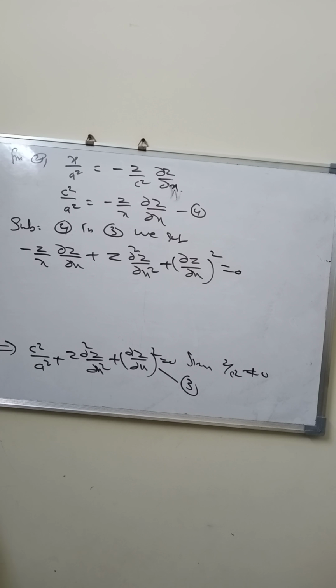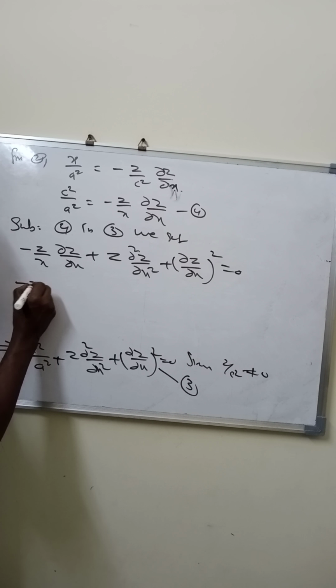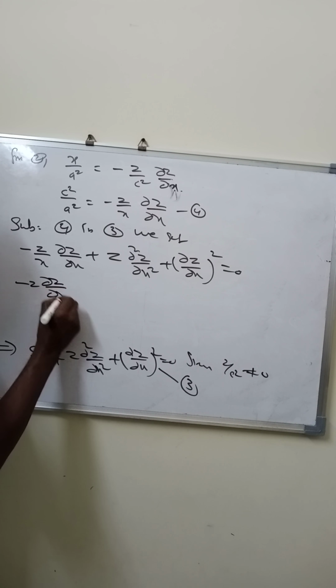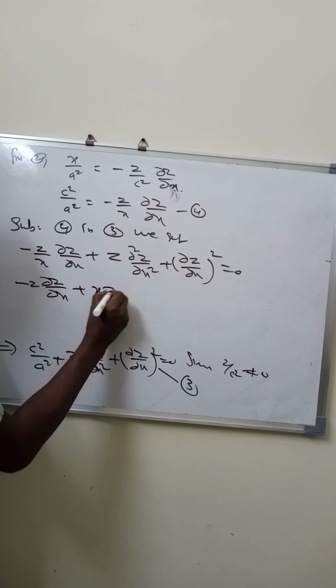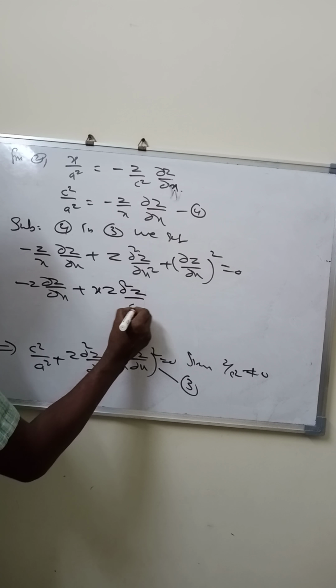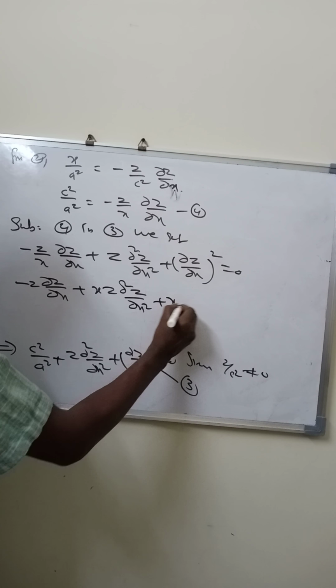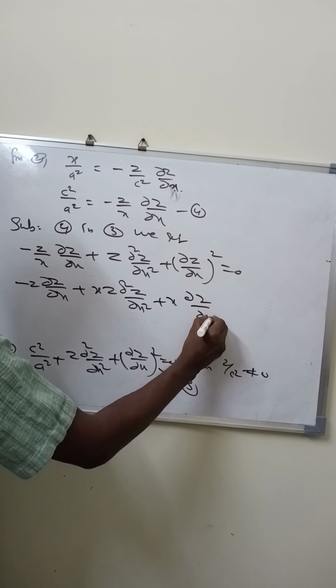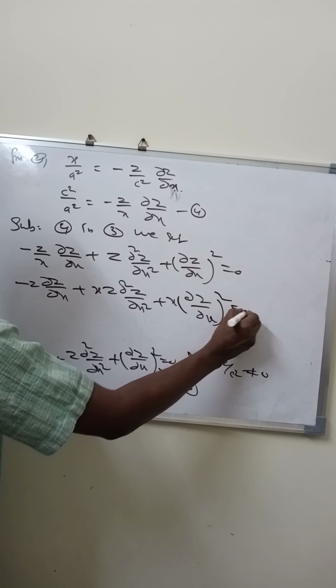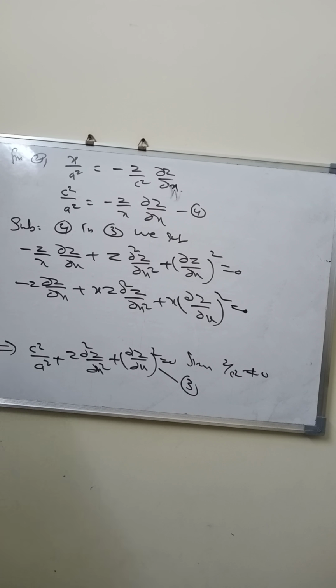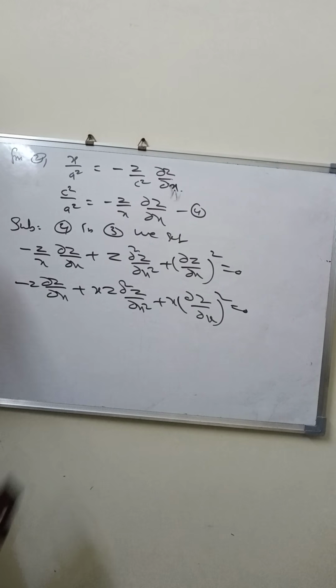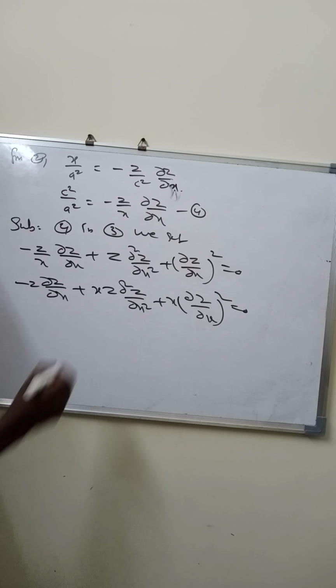Multiplying throughout by x, what will you get? Minus z partial dz by dx plus x z partial d square z by dx square plus x partial dz by dx the whole square equal to 0, which is the required partial differential equation. Okay.